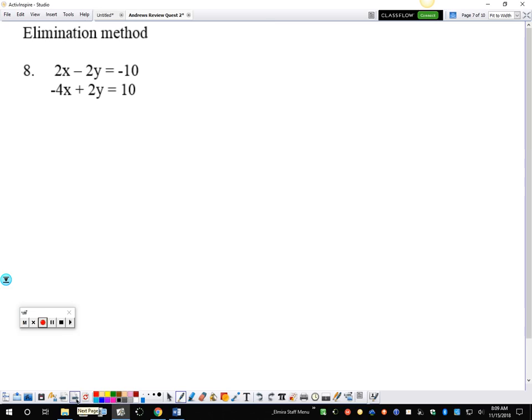All right, number 8 says we're doing elimination method. And the first elimination method on your quest is going to be one of those nice ones where the values cancel.